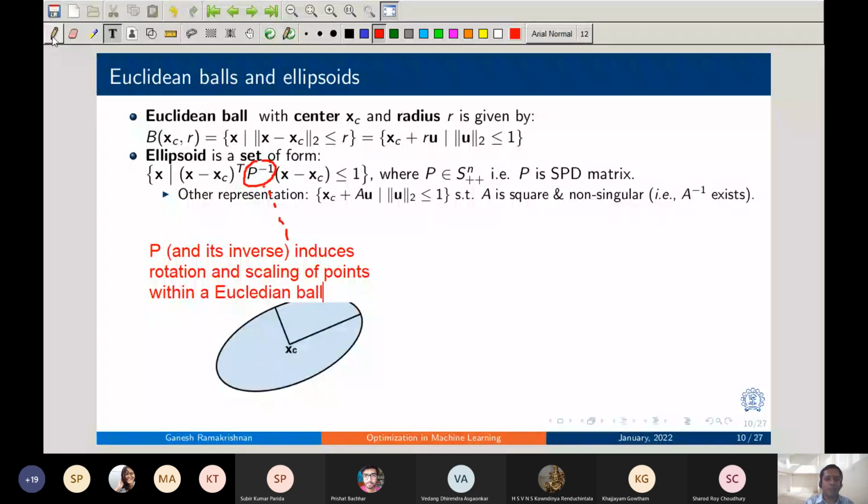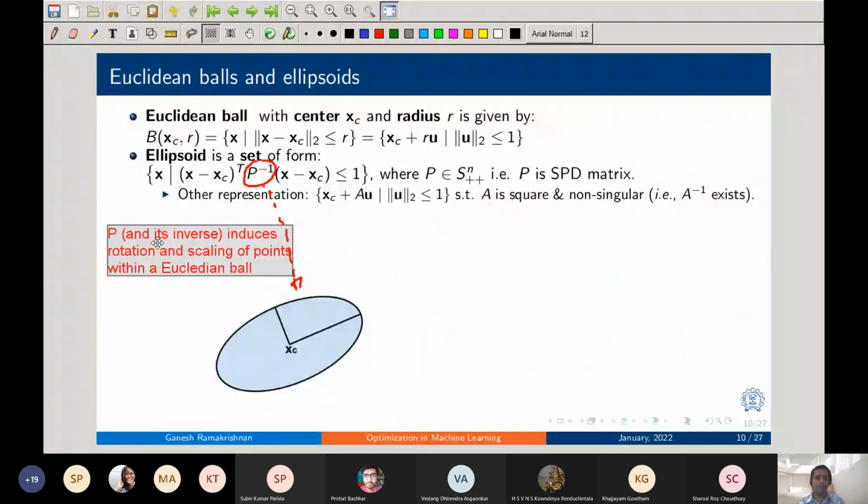In fact, there are also well-known statistical distances between points which are inspired by this kind of P inverse. For example, you may have P be the covariance matrix. When P is a covariance matrix, this turns out to be the so-called Mahalanobis distance.